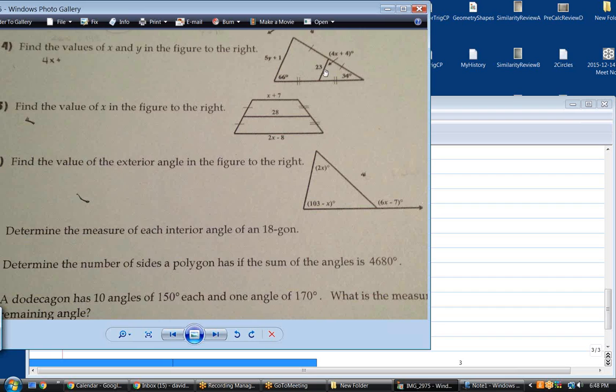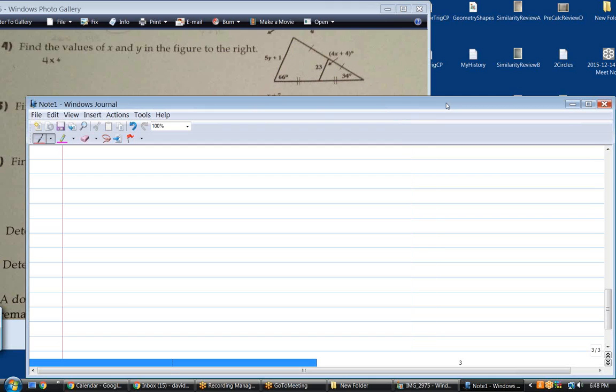Now, if that's parallel to that, what is the relationship between this triangle and the big triangle? Let me draw them out. I like to do this because it's a little easier to see if they're separated.